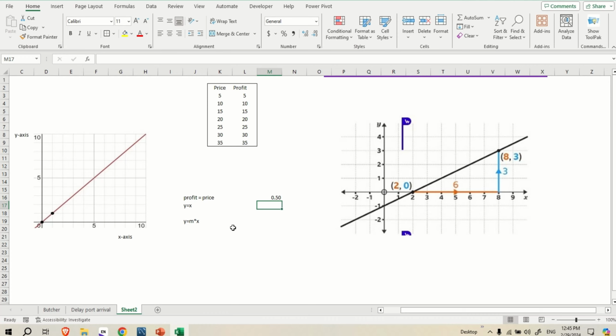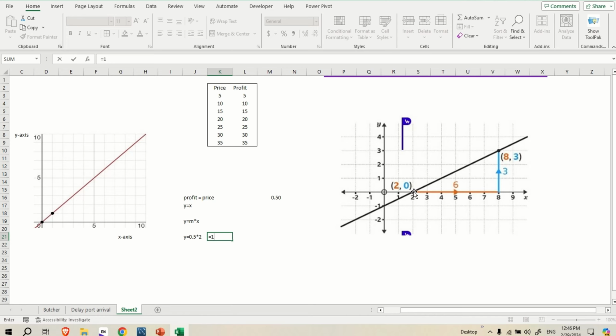So what it means is that ideally, once we know the price and we multiply it by 0.5, we should get what the profit is, right? But let's try. Let's say that the slope is 0.5 times the x. Let's try a case where x is 2. We already know that y is supposed to be 0. Then let's put 2 here. 0.5 times 2 is going to be equal to 1.